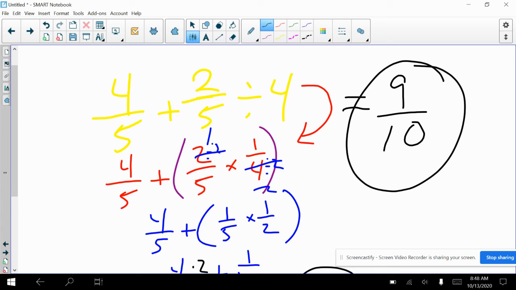There's a lot going on there. Got to apply the reciprocal, got to know to divide and then flip it, and now we're multiplying, cross reduce, find a common denominator, multiply correctly, and add correctly. A lot going on in that simple problem.